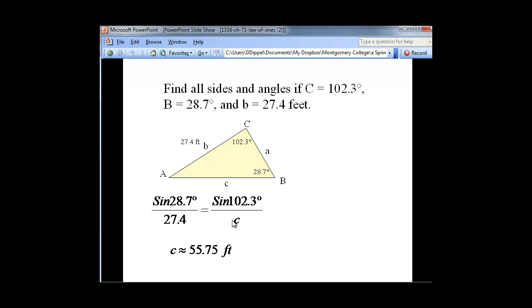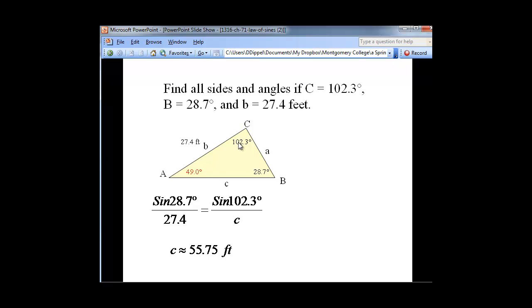You should get 55.75. Then if we want to find A, we know this is a triangle, so for the missing angle, if you take 102 and 28.7, add those together, and subtract from 180, you'll find out A is 49.0, or 49.